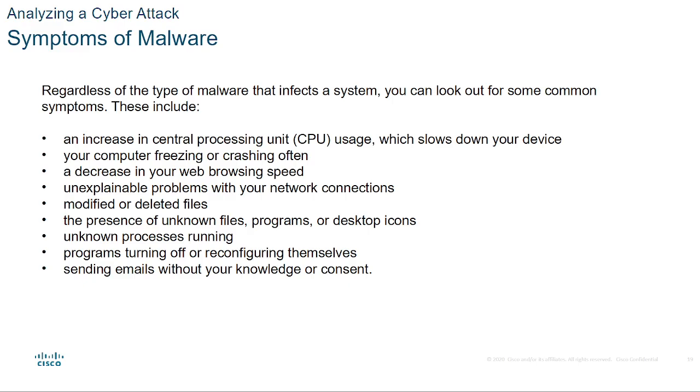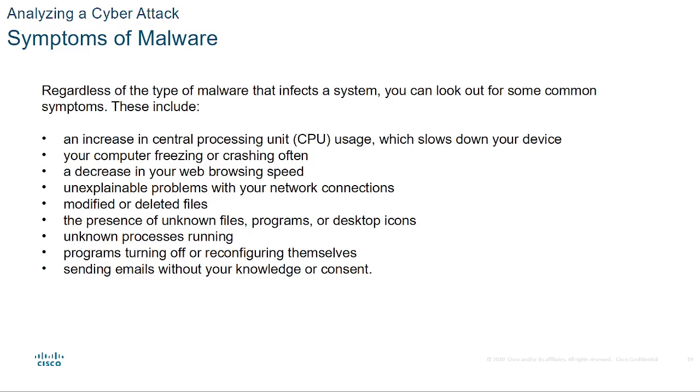If you go to your task manager, check your CPU usage, and you're not running any software that requires a huge amount of resources, but your CPU usage is on the high side, or maybe you notice your computer freezing or crashing, or you see the blue screen of death often, just know that you might have been infected with malware.